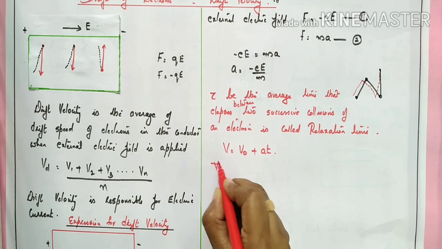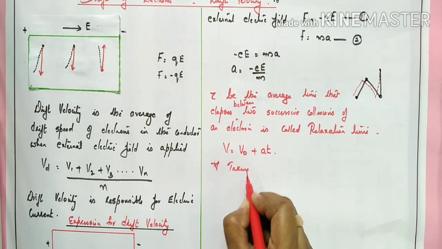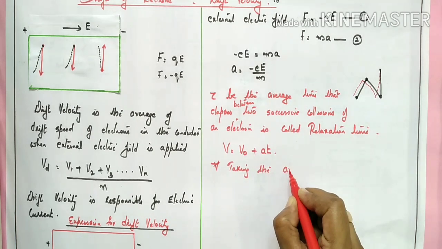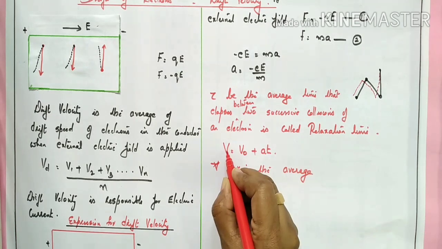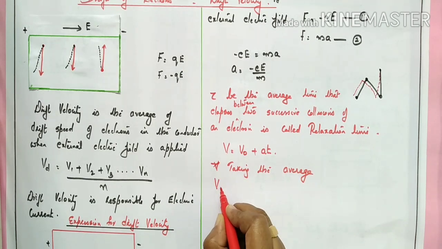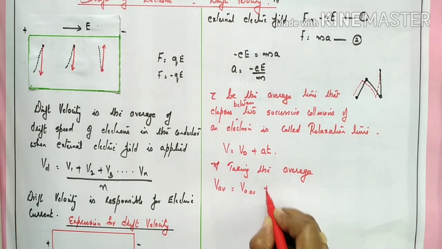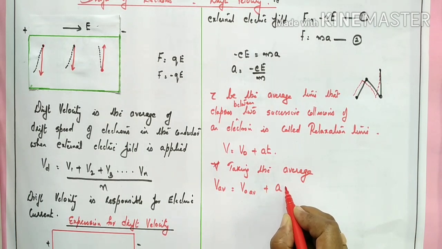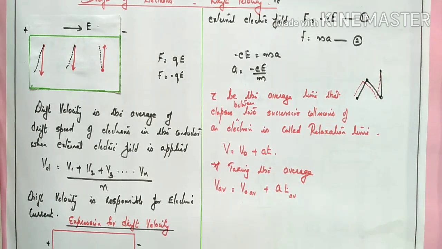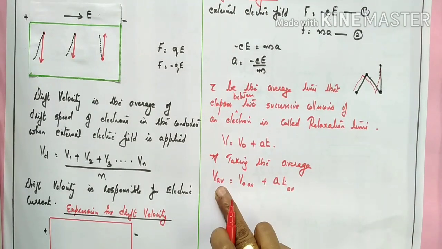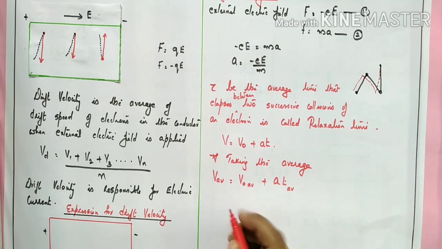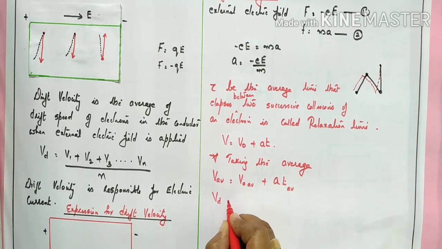Taking the average, the average velocity is equal to the average of V0 plus A into the average time. The average velocity is called the drift velocity.